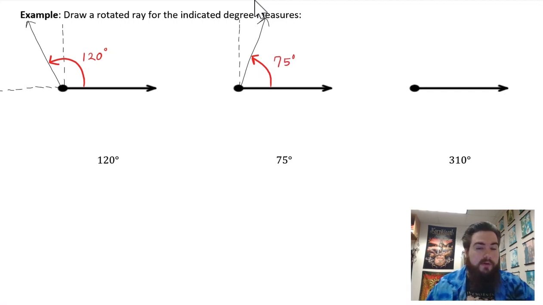310 degrees is much larger. However, we can still try to have a reference for where 310 degrees would be based on other known angle measures. We talked earlier that 180 degrees would face the opposite direction, and 310 is larger than 180. 360 degrees would be one full rotation, so not fully rotating.